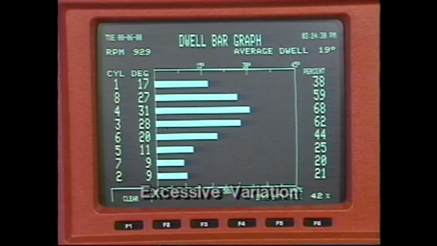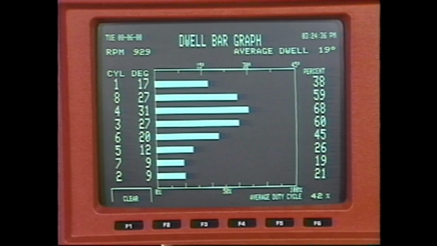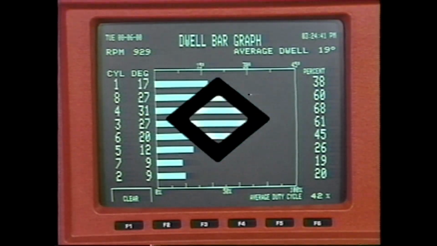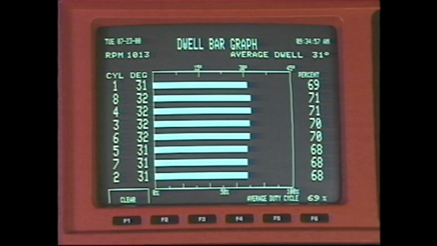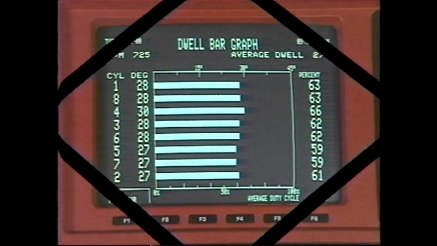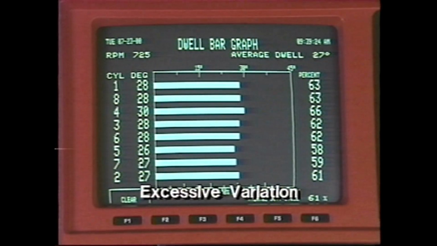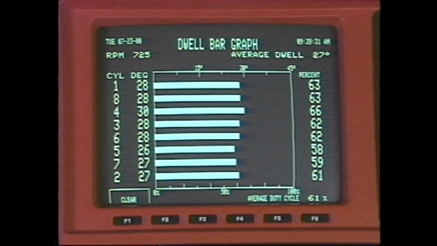Excessive variation between cylinders could be caused by a defective trigger wheel, distributor shaft, or ignition control module on systems without automatic dwell control. On breaker point systems, dwell should be within a specification. Each cylinder should be about the same within 3 degrees. If dwell varies by more than 3 degrees, look for worn parts in the distributor shaft and bushings or a wobbly distributor plate.